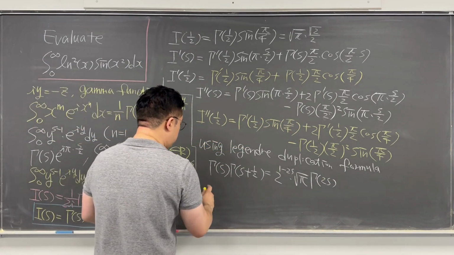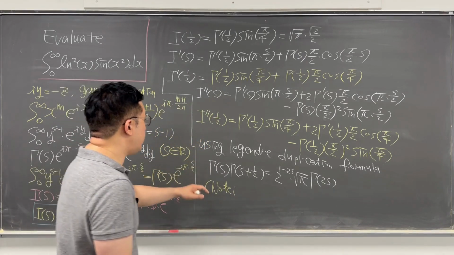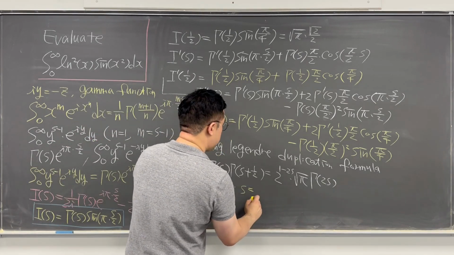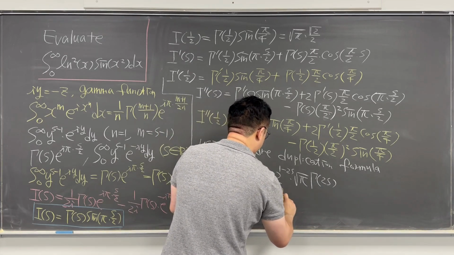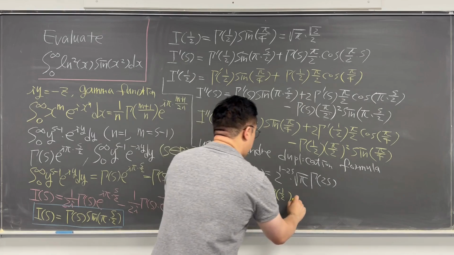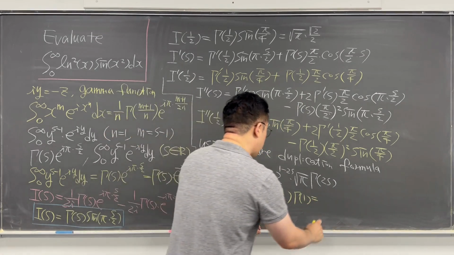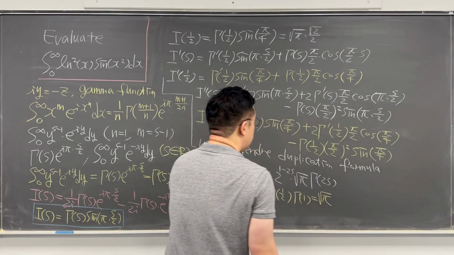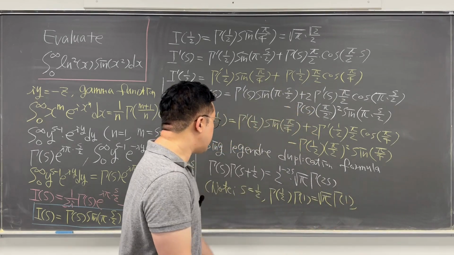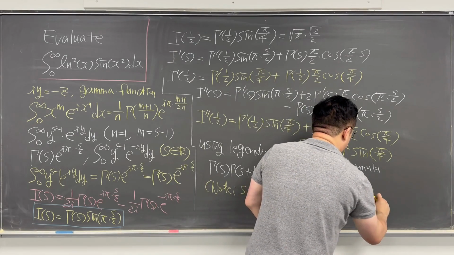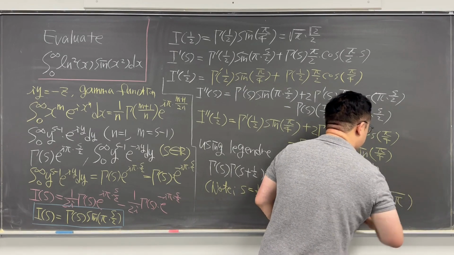So we can note, in our case here, s is 1 over 2. Gamma of 1 over 2 times gamma of 1 is the same as square root of pi times gamma of 1. So that's why gamma of 1 over 2 has to be just the same as square root of pi.